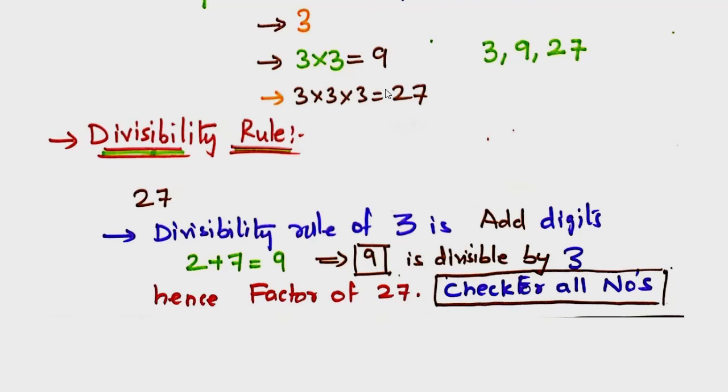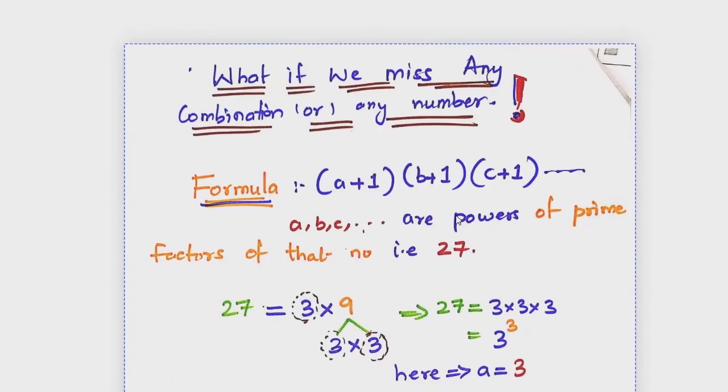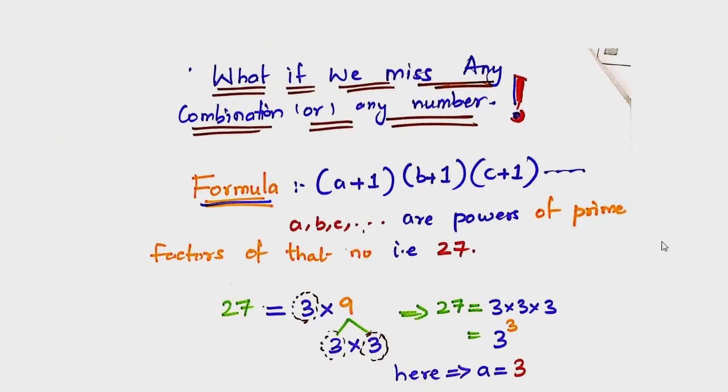We know that a factor will always be equal to or less than that number, but we don't know how many factors a number can have. So for that we have something unique, a formula.